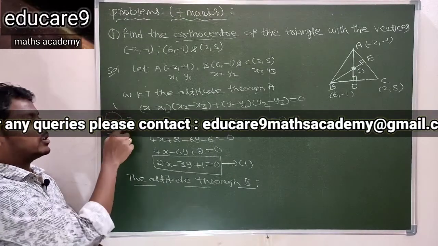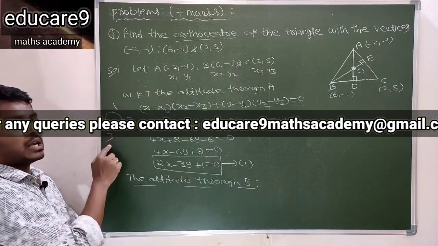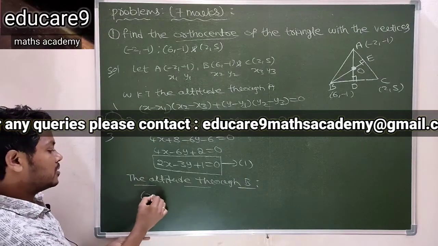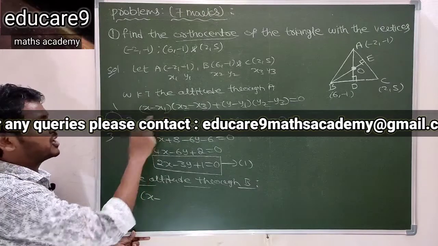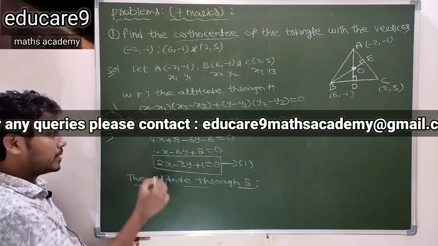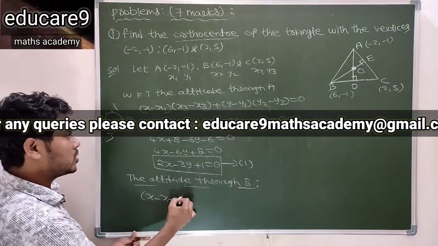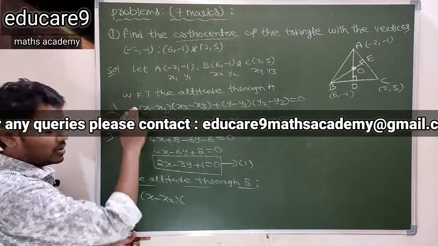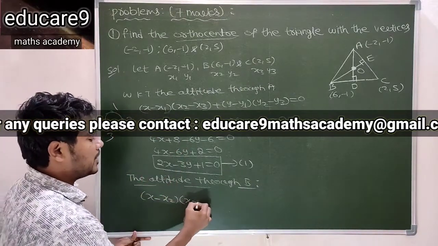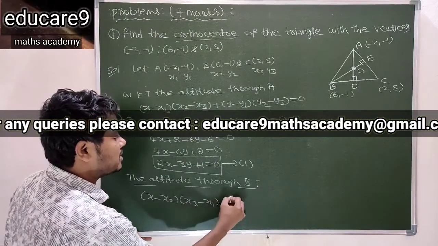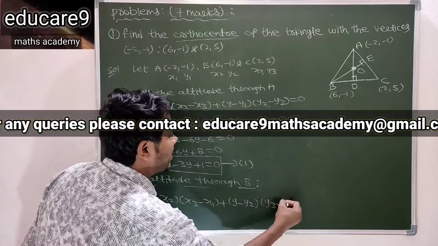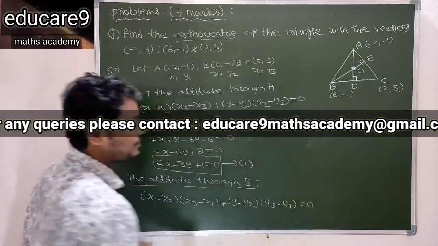After 1 you write 2, after 2 you write 3, after 3 you write 1. So like that: x minus x1, after 1 you get 2, so that is x minus x2, and similarly after 2, 3, after 3, 1, that is x3 minus x1, plus y minus y2 into y3 minus y1 equals 0.